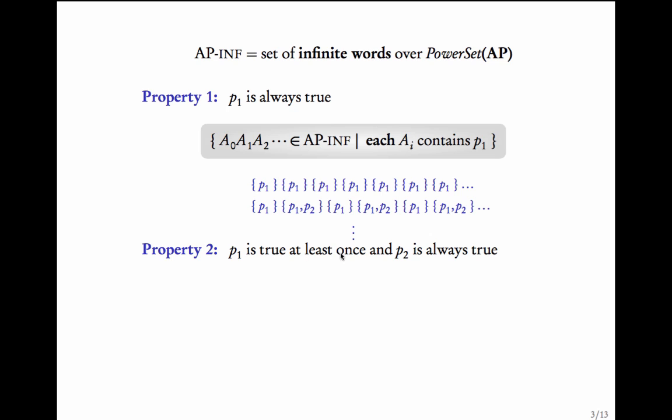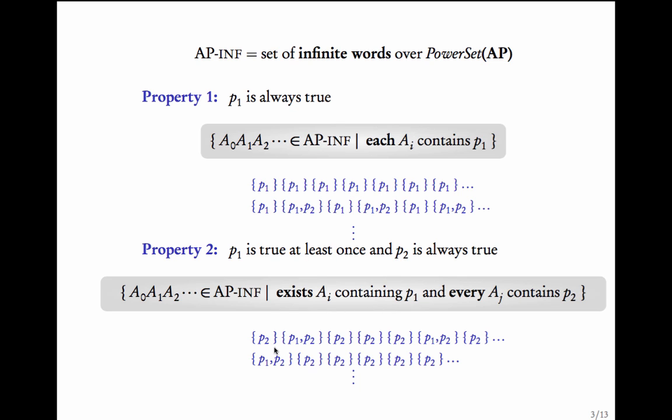P1 is true at least once and P2 is always true. This means the set of all words where there exists an i such that P1 is true. For example, here there exists an i where P1 is true, and P2 is always true means every Aj contains P2.